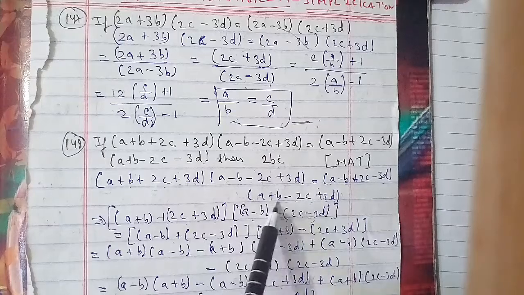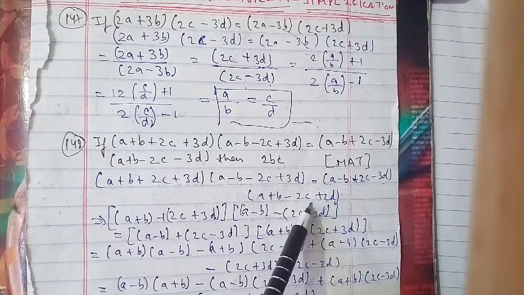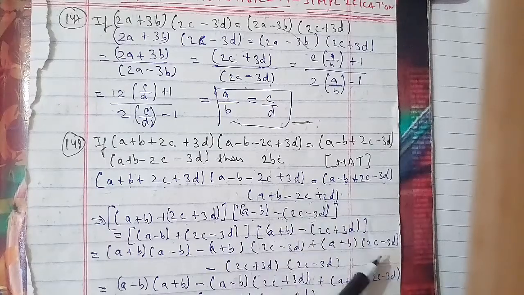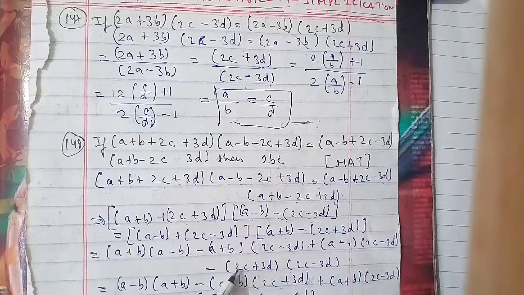So for the same case, (a plus b)(2c plus 3d) minus (a plus b)(2c minus 3d) plus (a minus b)(2c minus 3d) equals to the 2c plus 3d and 2c minus 3d terms.